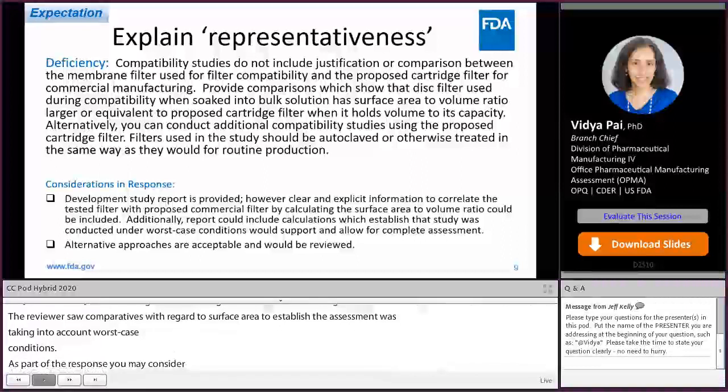You could also provide calculations, as well as may also rely on additional compatibility studies using the full-scale filter. And keep in mind that the test filter should have been treated the same way as one used for routine production.